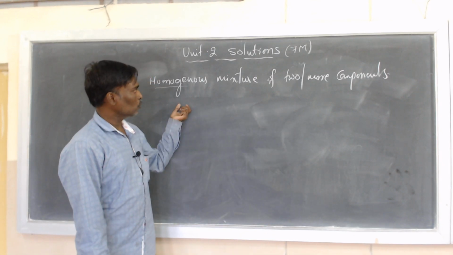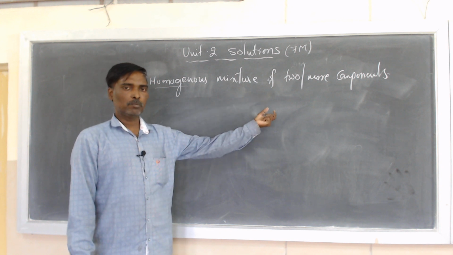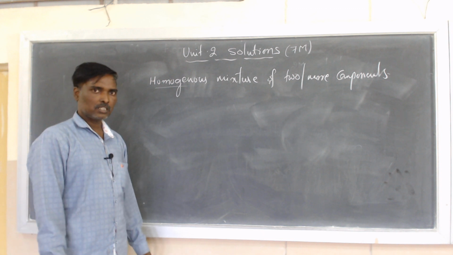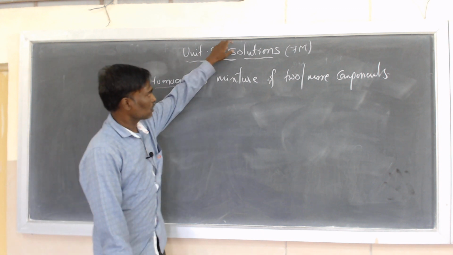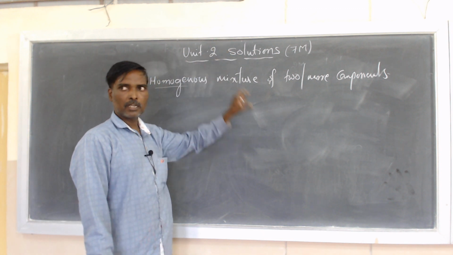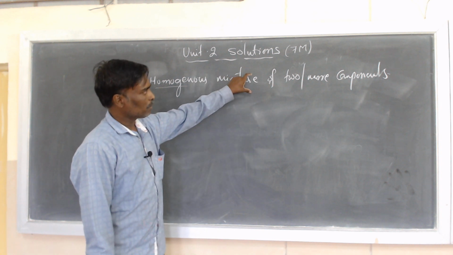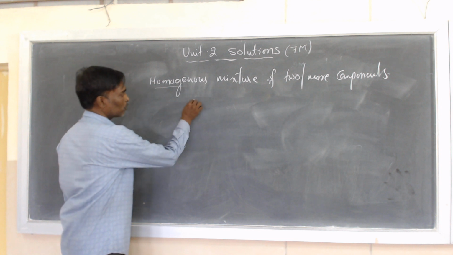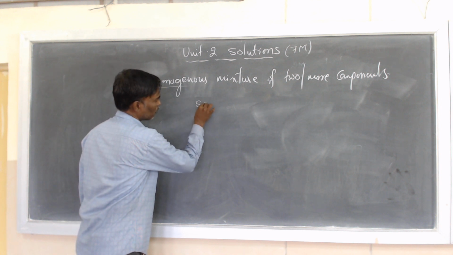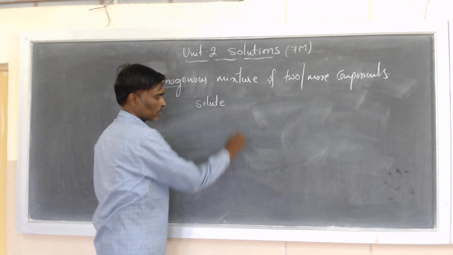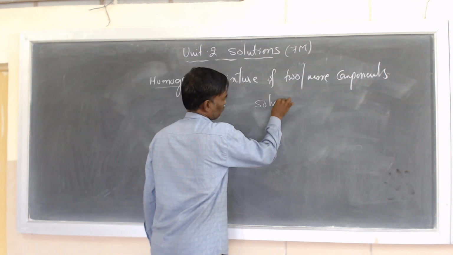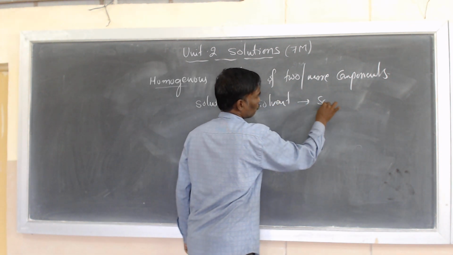Two components form binary solutions, and in this unit we discuss binary solutions. A binary solution is a mixture of two components: one component we call the solute and the other component we call the solvent. That gives a solution.